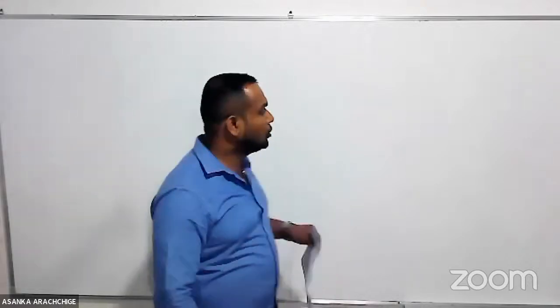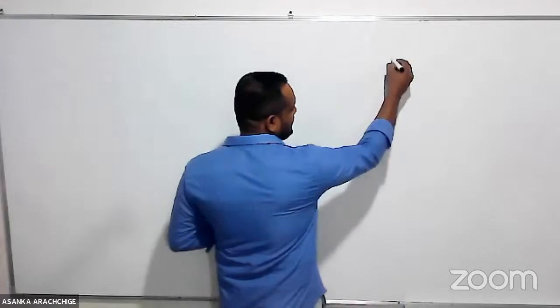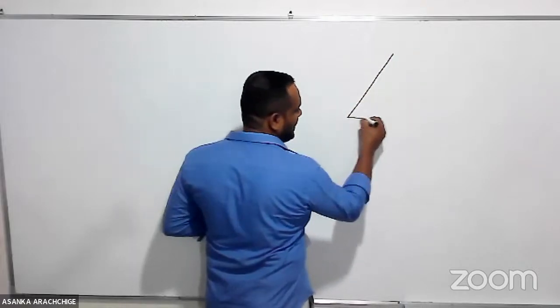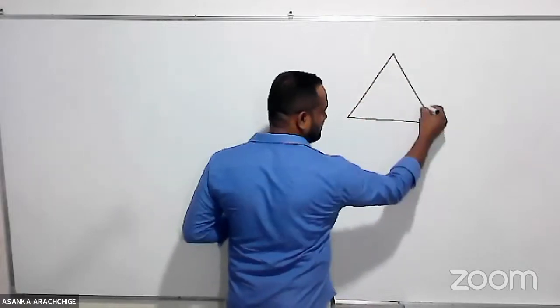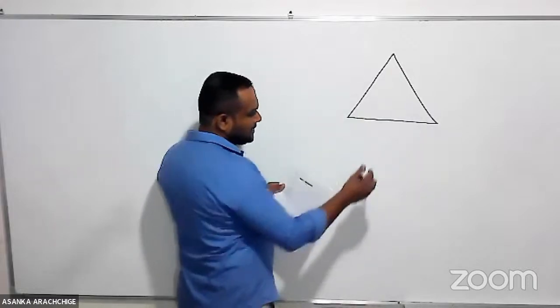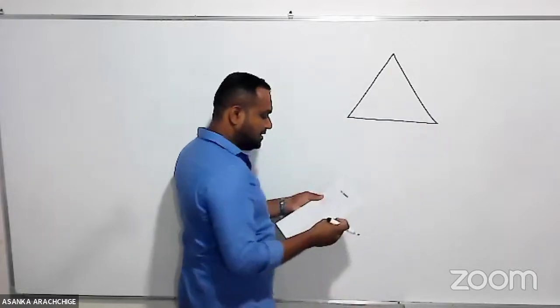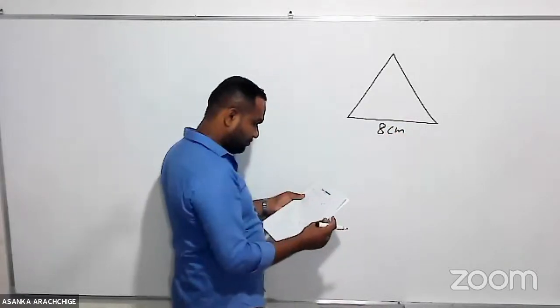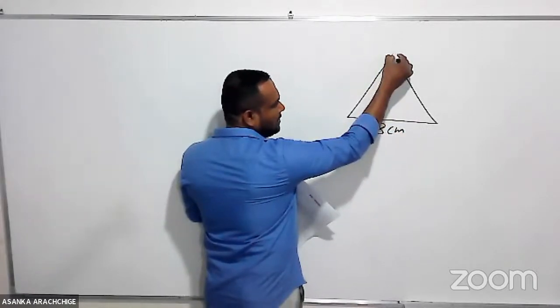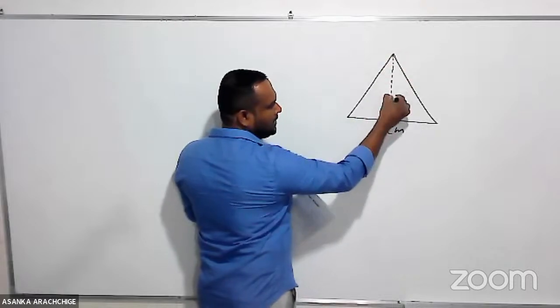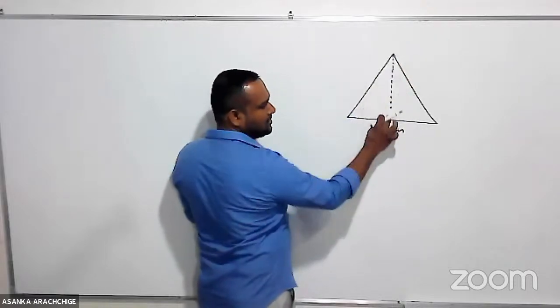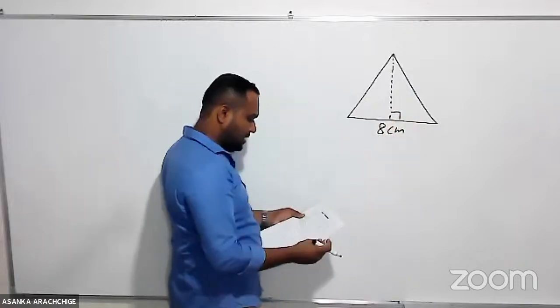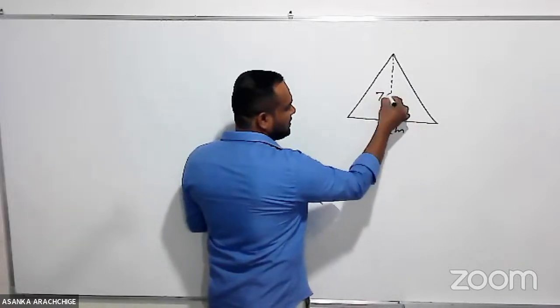This is the first triangle we are given in the question. Here, the length of this side is given to be 8 centimeters, and the length of the perpendicular drawn from this vertex to this side is given to be 7 centimeters.